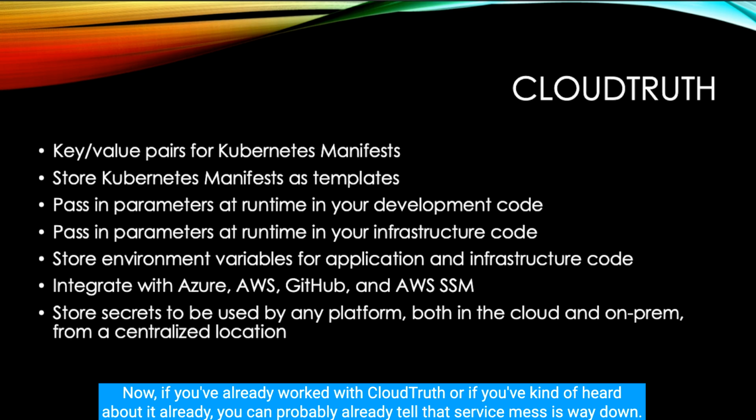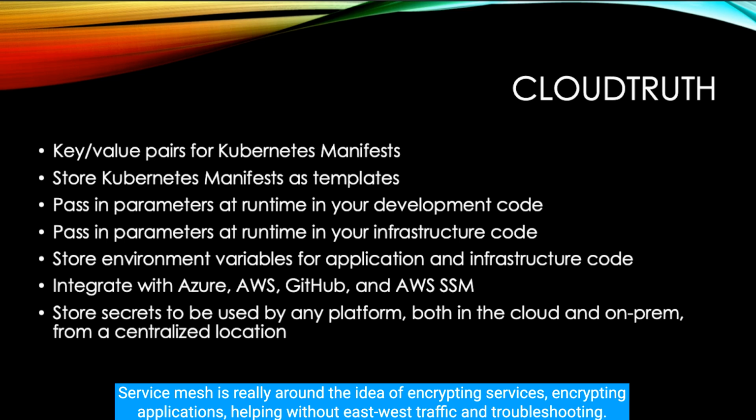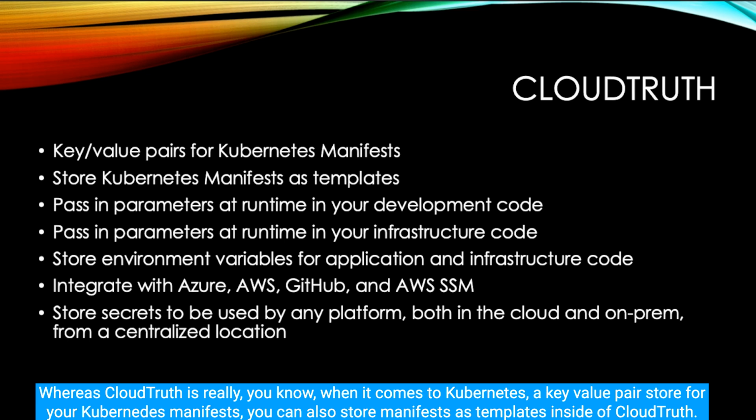Now, if you've already worked with CloudTruth, or if you've kind of heard about it already, you can probably already tell that service mesh is way different. Service mesh is really around the idea of encrypting services, encrypting applications, helping with that east-west traffic and troubleshooting. Whereas CloudTruth is really, when it comes to Kubernetes, a key value pair store for your Kubernetes manifests.